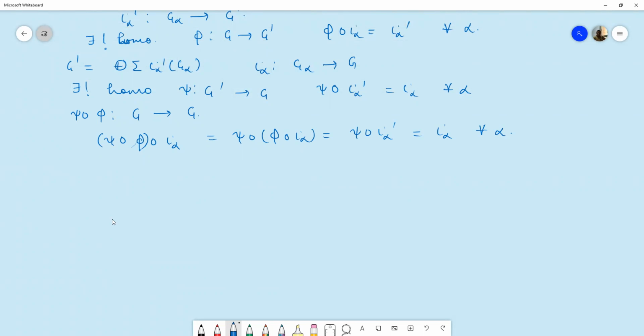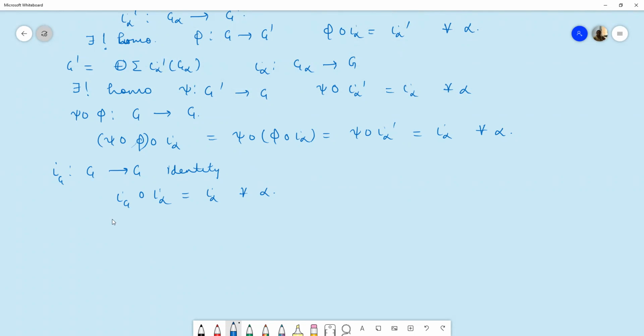And now, since the identity map of G has the same property, because if we take the identity mapping IG from G to G, then IG circle I alpha is I alpha for each alpha, and we are saying that this type of mapping is unique.